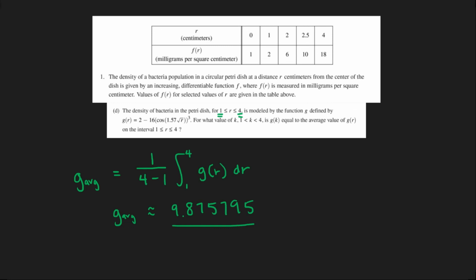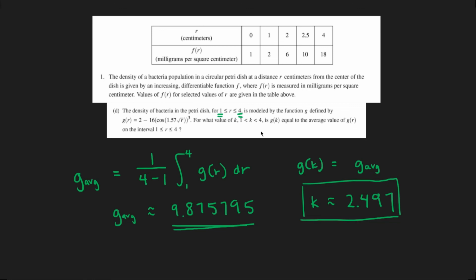So g of k equals g average, which we found was this, and one way or another, we're going to plug that into a calculator, and we get that k is equal to, and actually squiggly equals again, 2.497. So here is when this function is equal to the average value.